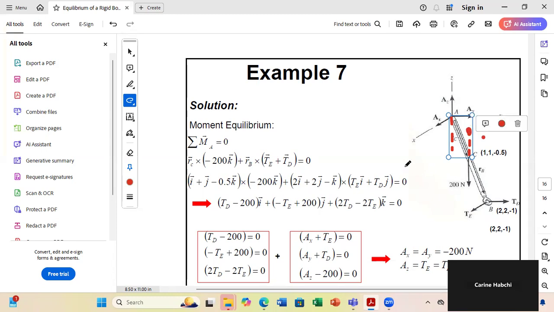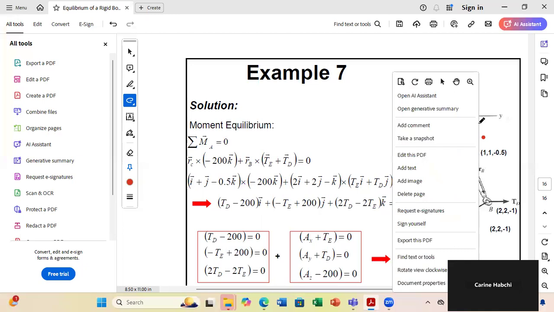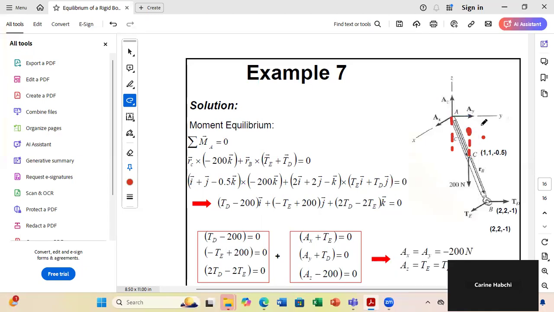I can find the coordinates of this point. Point C has coordinates 1, 1, minus 0.5. So the projection of the weight on XY plane has coordinates 1, 1, 0.